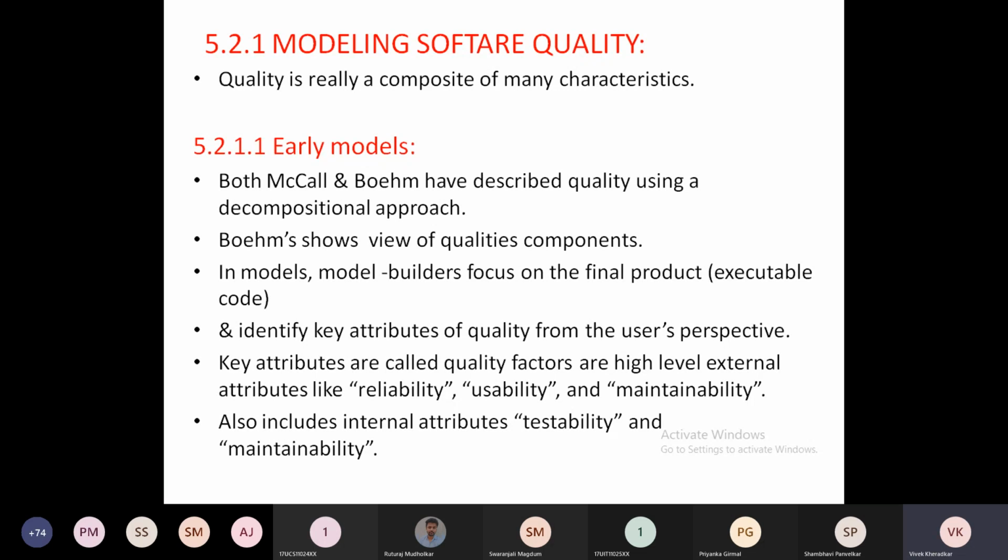So usually we want a model that will depict the composite characteristics on which quality depends and also represent their relationship. Once it is defined, through that model we can measure the software quality.